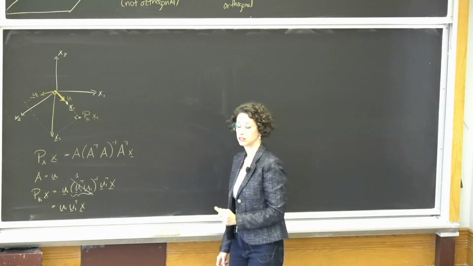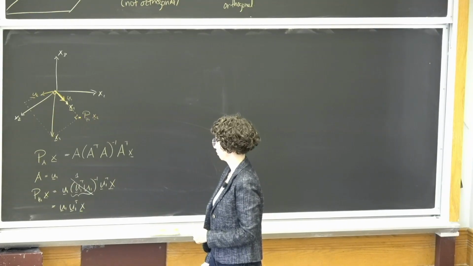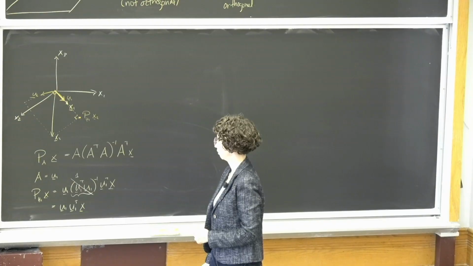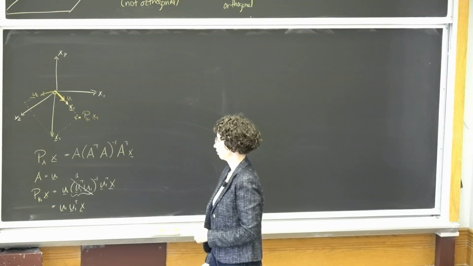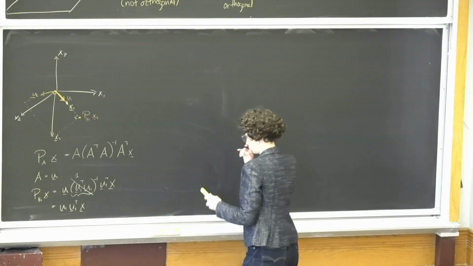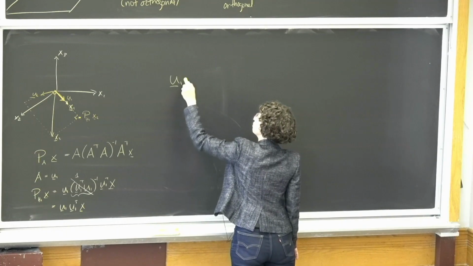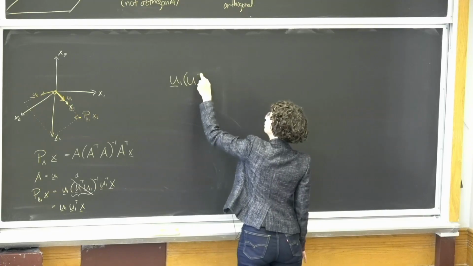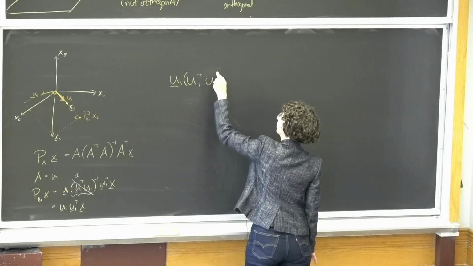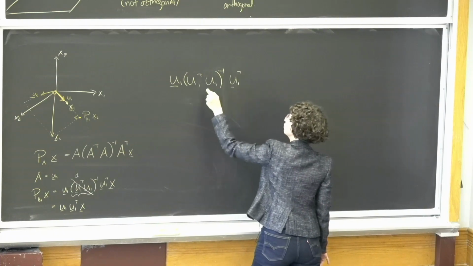Yes? This might just be ordering, but why can we do that trick on the inside to turn it into a scalar, but then the reverse order of vectors is not the same? Something about dimensions, like U1 times U1 transpose is not the identity. Okay, so we've got U1 times (U1 transpose U1) inverse times U1 transpose.